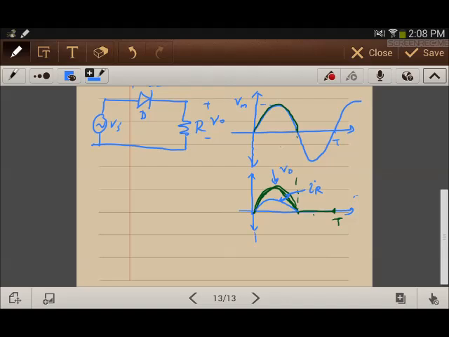and if I want to find the voltage across the diode, when the diode is on, meaning that there is no voltage drop across the diode, the voltage is 0. When the diode behaves as an open circuit, an open switch, the negative voltage will appear across its terminal.